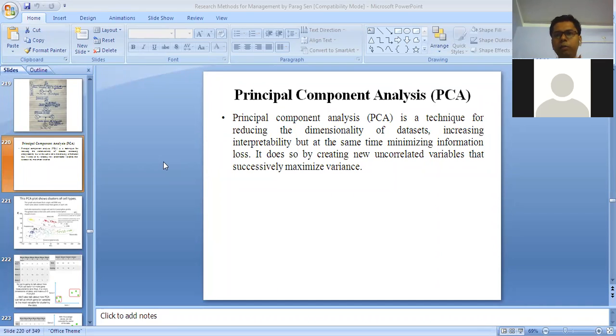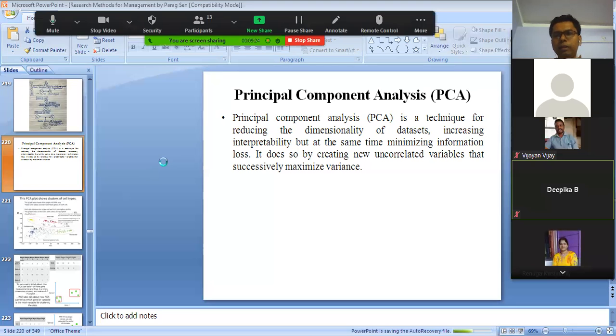So how can you, at a glance, have an idea about your data? For this reason principal component analysis is used, and it is capable of handling big data. So it also comes under the domain of big data analytics.